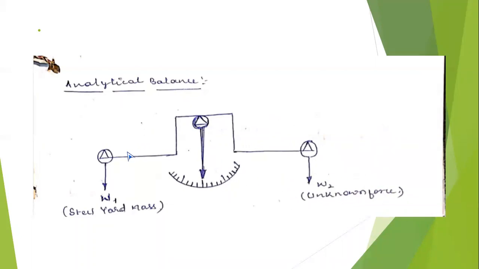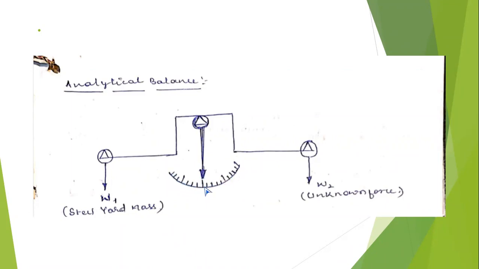Then there will be 3 trapezoidal knife edges. When it comes to symmetry, the weight of the unknown item is W2. Then W1 equal to W2. When the dial indicates 0 position, all of you observe here in this dial scale, there are 10 graduations on the left side and 10 graduations on the right side.